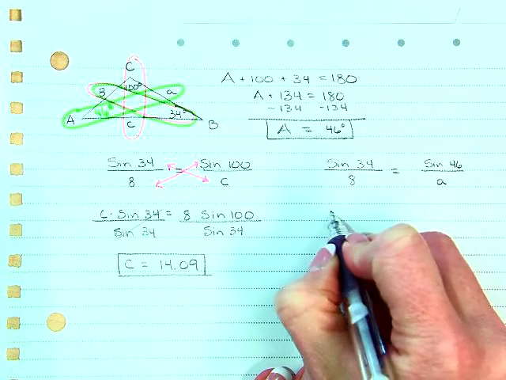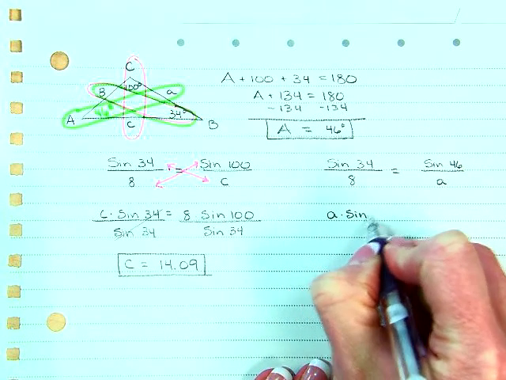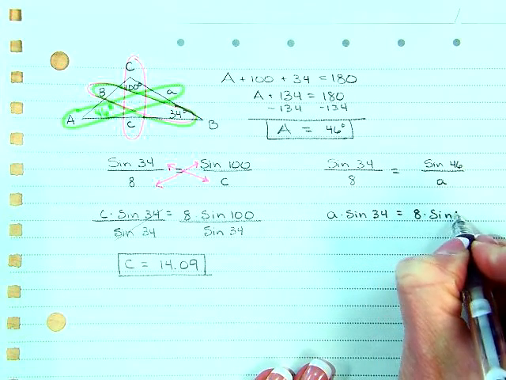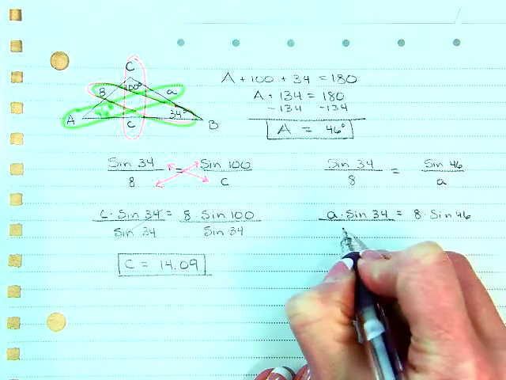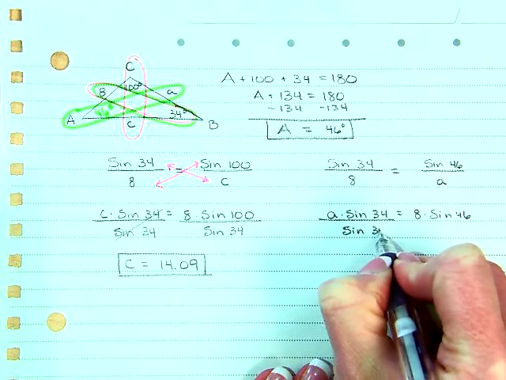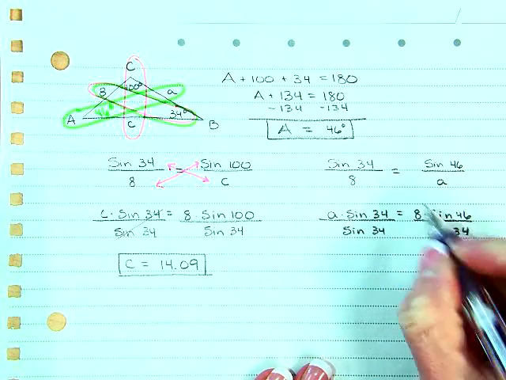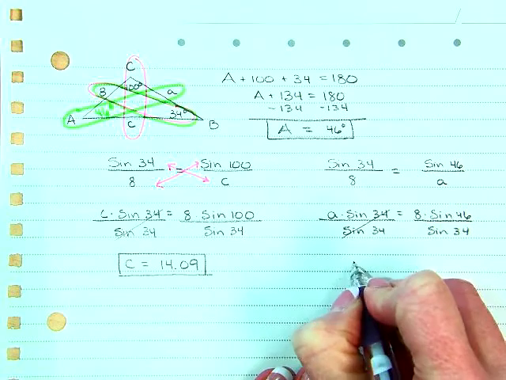So we're looking at A times the sine of 34 equals 8 times the sine of 46. I'm going to divide that sine of 34 over to the right so that I can get A by itself.